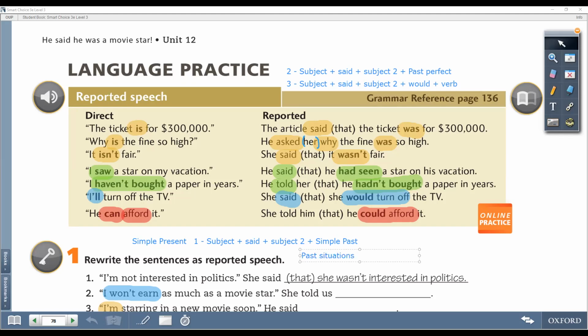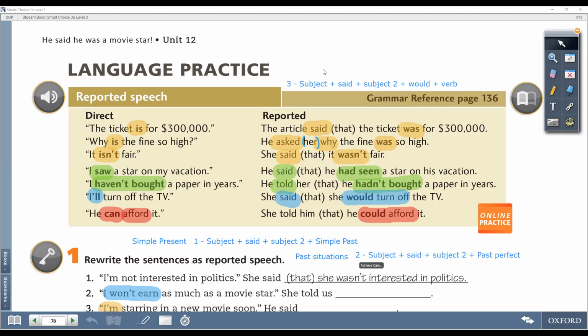Okay, when I'm reporting a sentence that was said in the past, what do I use? This is what I use. This is situation number 2. I put the subject, he or she. I use the reporting verb, said, and then I put the other subject and the past perfect.